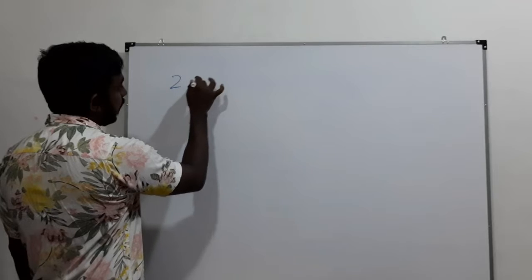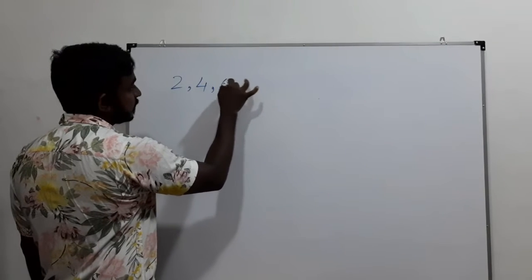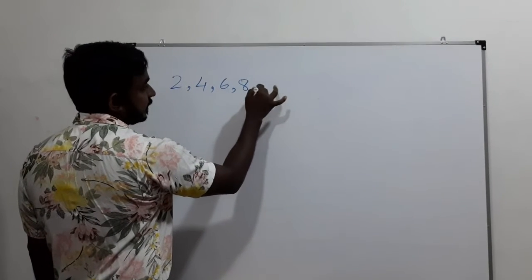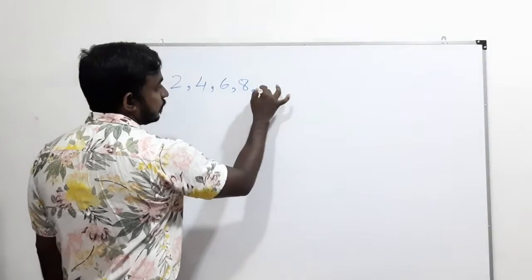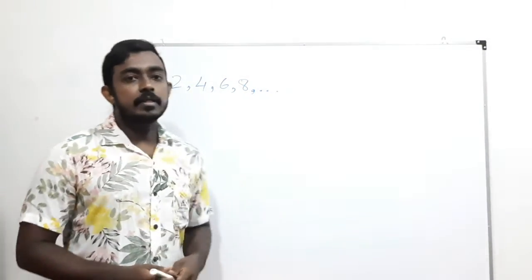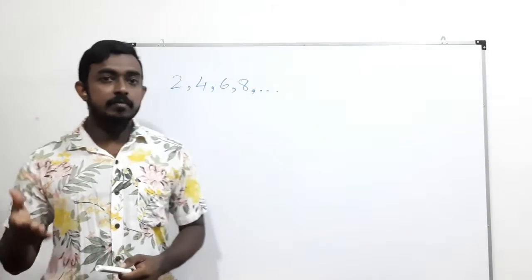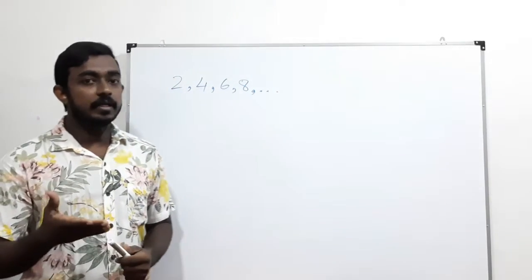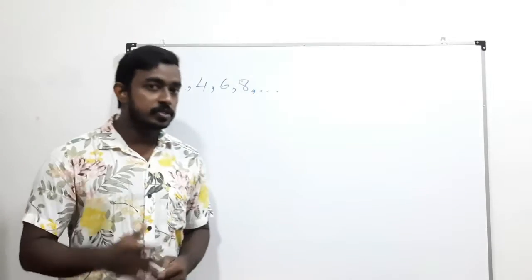If I write a number pattern like this, 2, 4, 6, 8, and if it continues, as you can see in here, this number pattern is made by adding number 2 to each term.